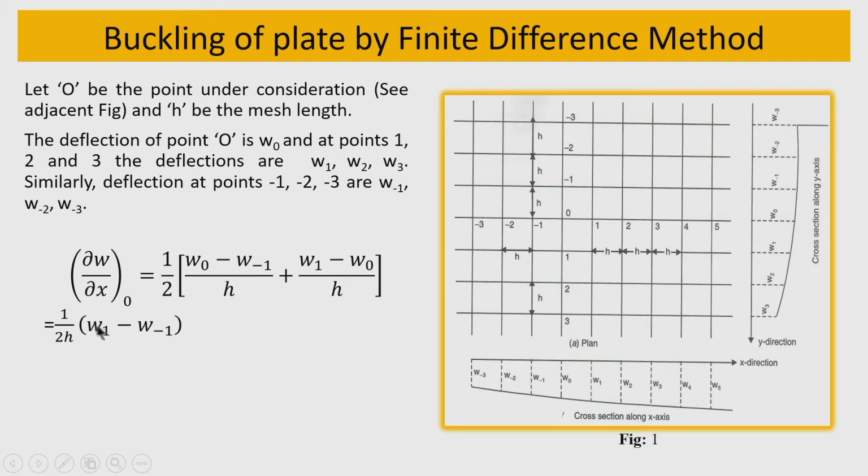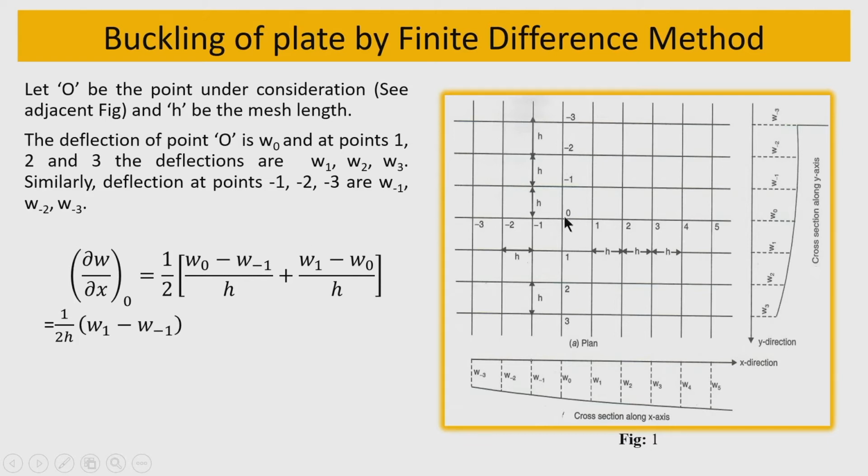You can see here 1 by 2 h is coming, because the distance between 1 and minus 1 is 2 h, and after simplification the expression becomes 1 by 2 h bracket W 1 minus W minus 1. So, this is the basic expression for the first derivative of W in the x direction.